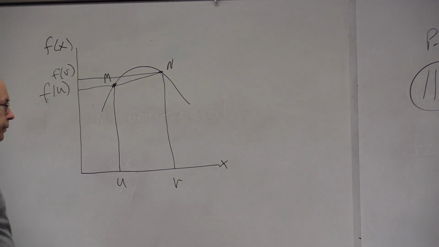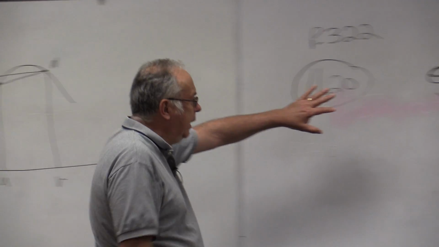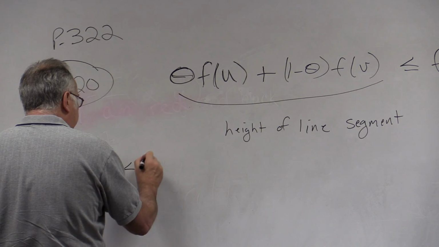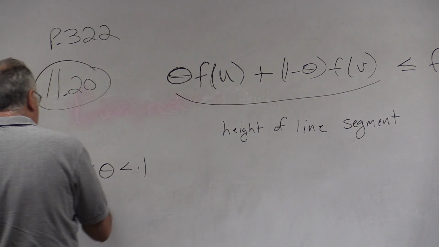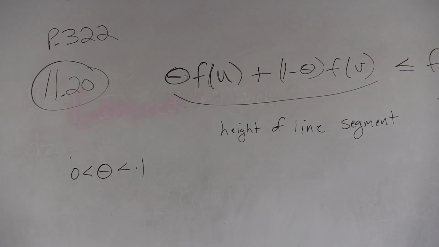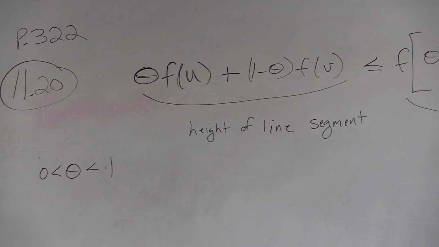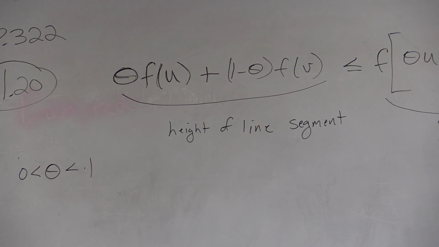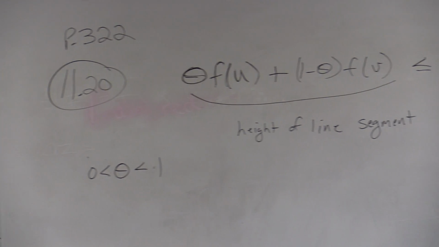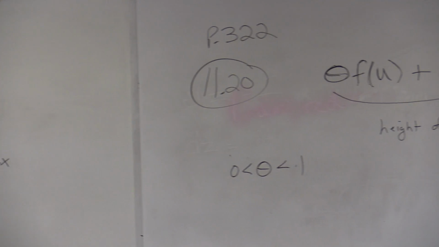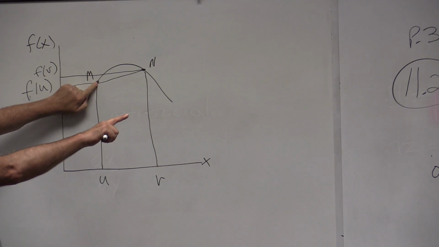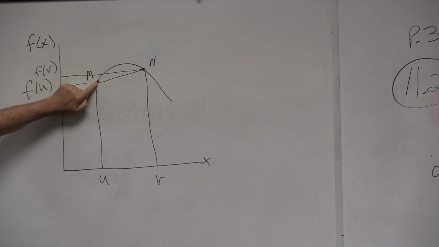Now theta is any number between 0 and 1 in this equation up here. So suppose theta is equal to 1. If theta is equal to 1, then you're at this point right here, because it's 1 times f of u.